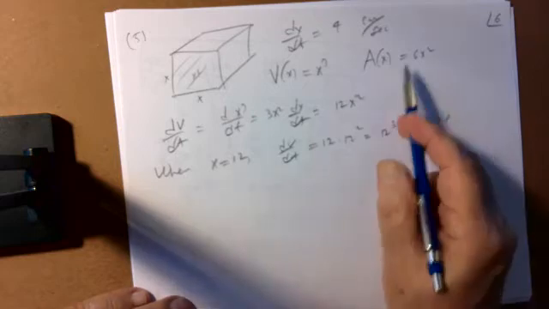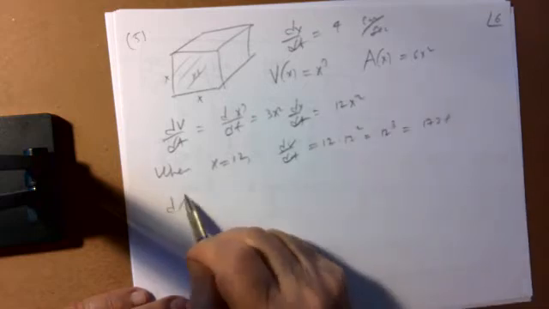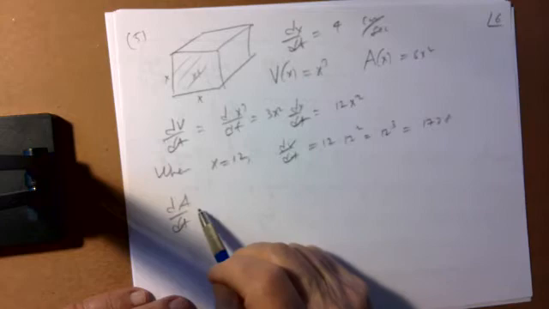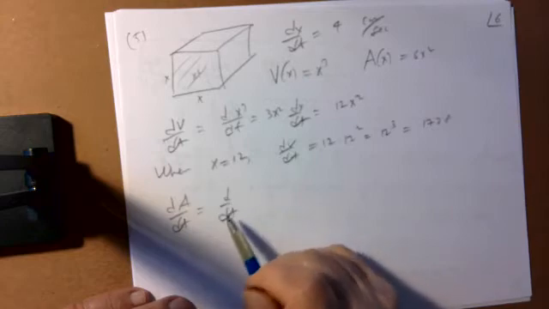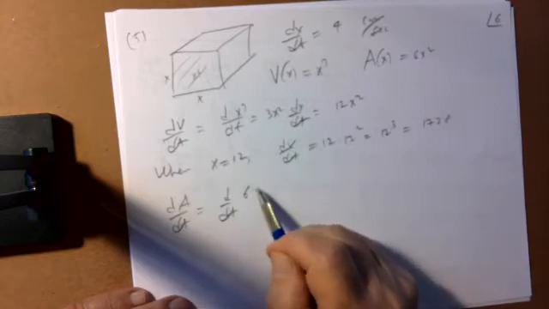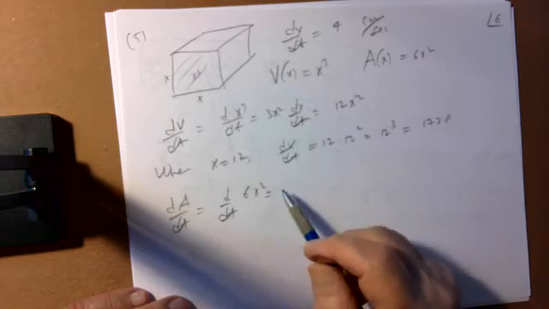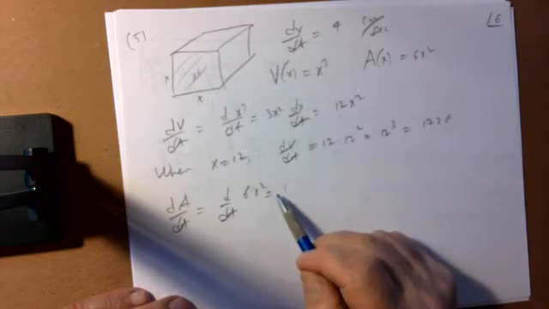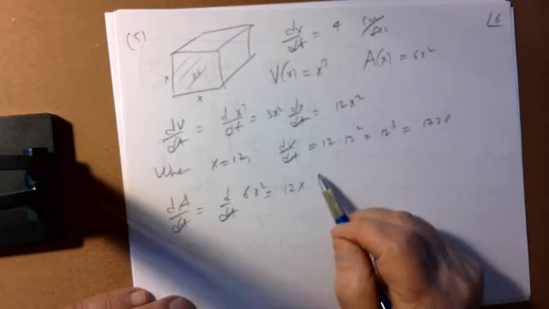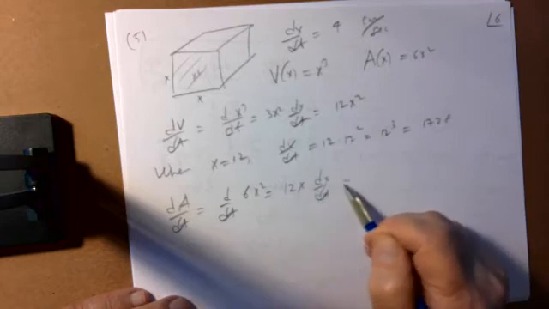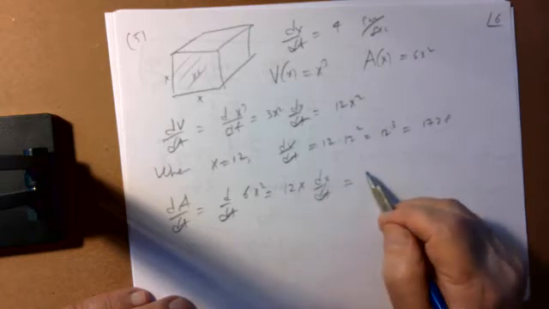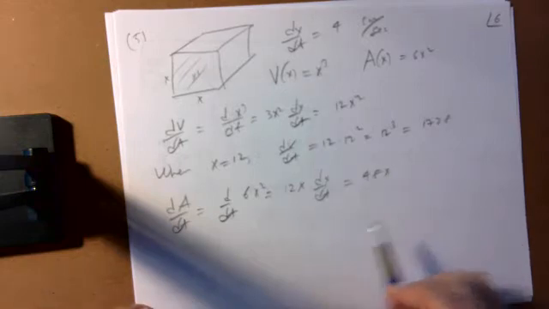And the area is 6x squared. So the rate of change of the area with respect to time is the derivative with respect to time of 6x squared. By the chain rule, that's 6 times 2x or 12x dx dt. And again, dx dt is 4. So this is 48x.